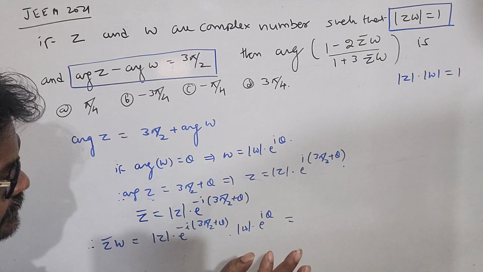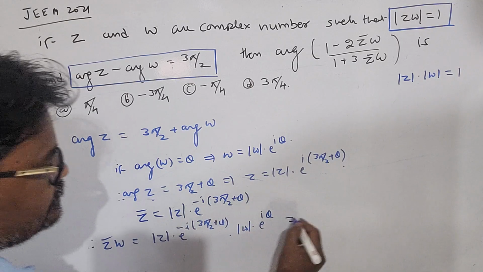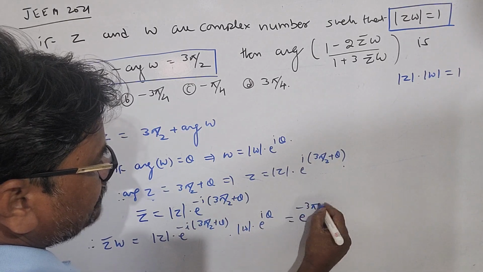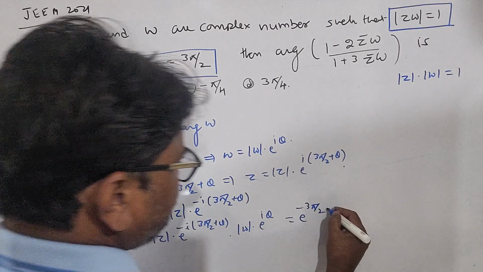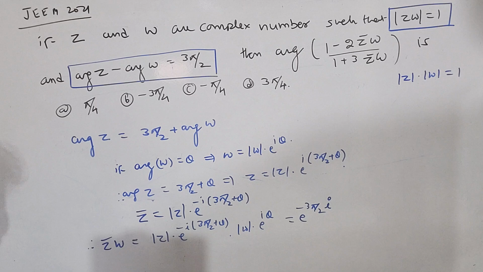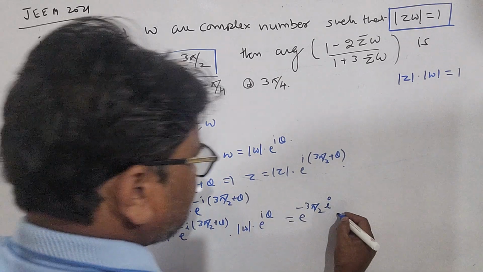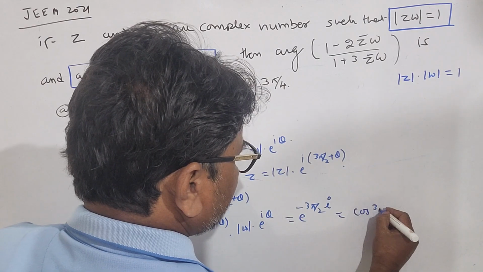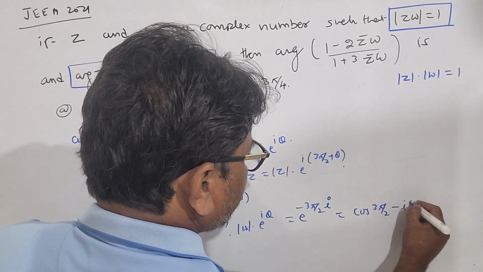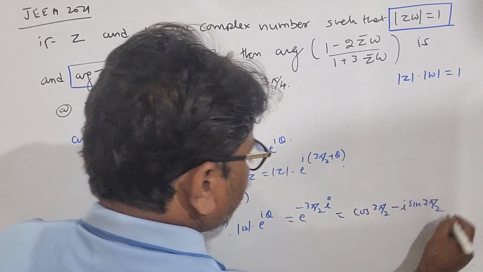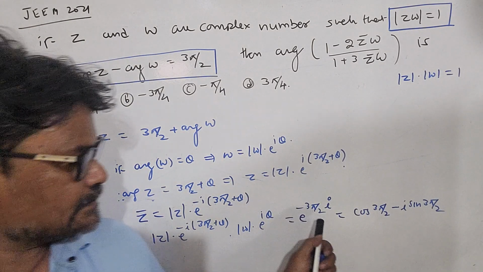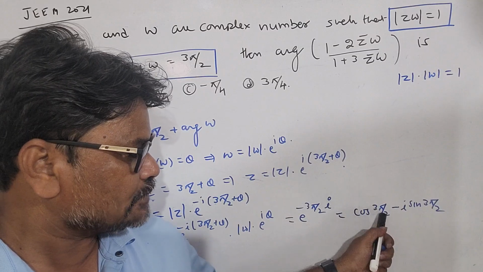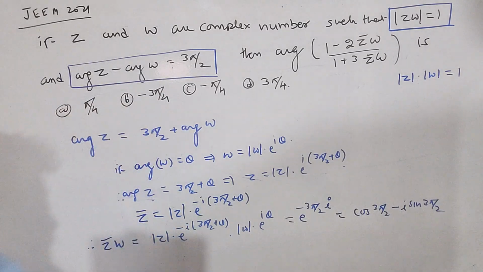The e to the power i theta and e to the power minus i theta cancel, so only e to the power minus i 3 pi by 2 remains. By Euler's theorem this can be written as cos of 3 pi by 2 minus i sin of 3 pi by 2.